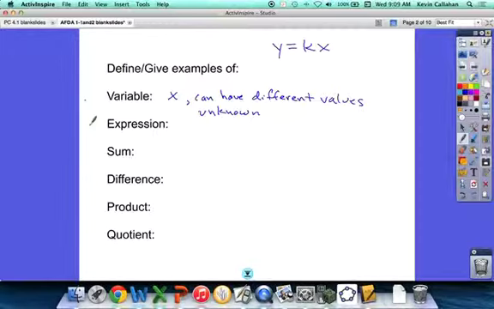It could have a bunch of different terms, which involve constants and variables and addition signs and subtraction signs, but it does not have an equal sign. If it has an equal sign, what do we call it? It's an equation. So we're talking just about expressions right now, not equations. We'll get to those soon enough. So something like 2x plus 3. There's an example.